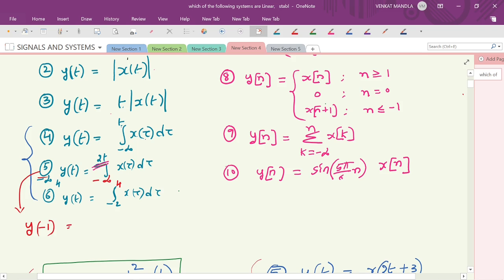What you get is integral from minus infinity to minus 2 of x(tau) d tau. This minus 2 is less than minus 1, so it is a past input, not a future input. And minus infinity to minus 1 are also past inputs for minus 1.